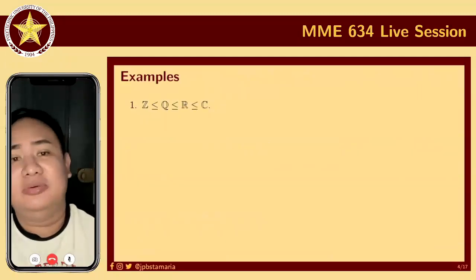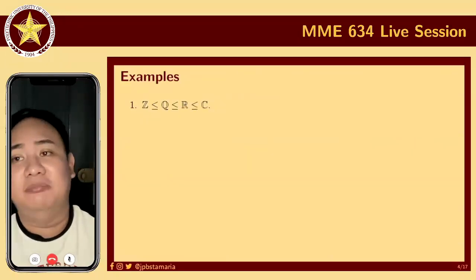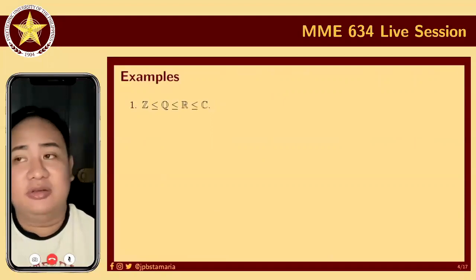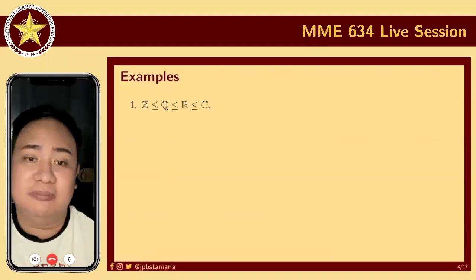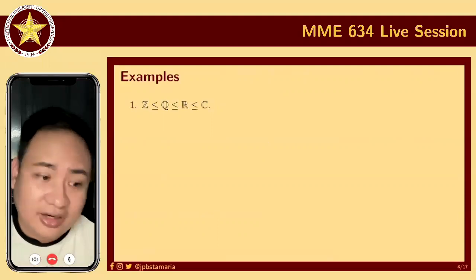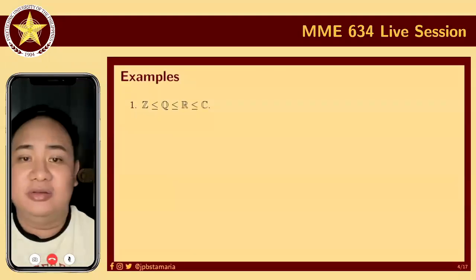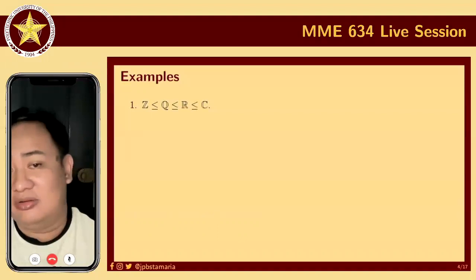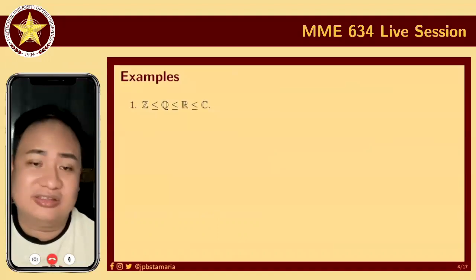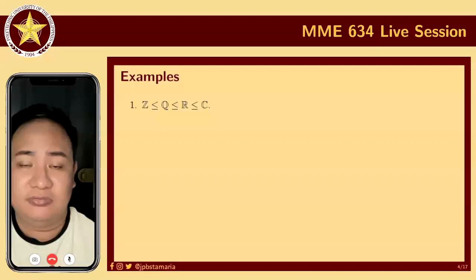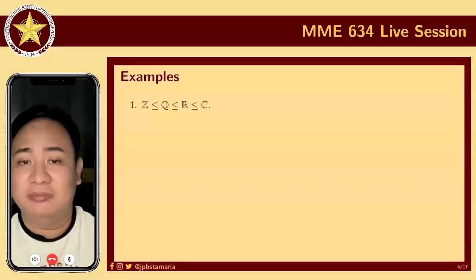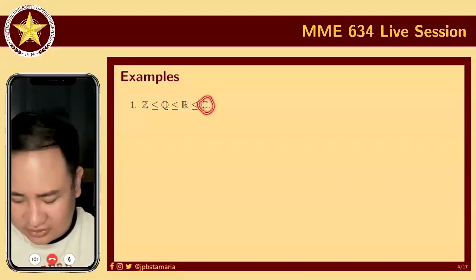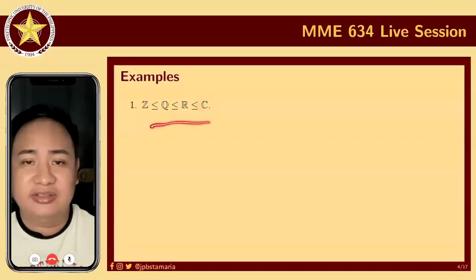For example, ito yung sikat na subring relation, no? The set of integers forms a subring of the set of rational numbers kasi yung mga integers ay rationals, di ba? Yung mga rational numbers, it forms a ring and it's inside the set R, right? And the real numbers are just examples of complex numbers. Ang pinakamalaki sa kanila yung C. Parang tower of rings ito.